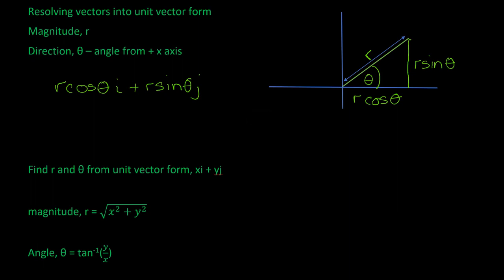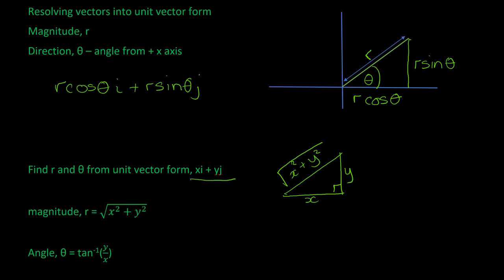Now you might be asked to go the other way round, so be given the unit vector form and be asked to turn it back into the other form. You can do this by Pythagoras for the magnitude. If you imagine you've got your triangle here, this is the x, this is the y, so we know by Pythagoras that this one here will be the square root of x squared plus y squared.